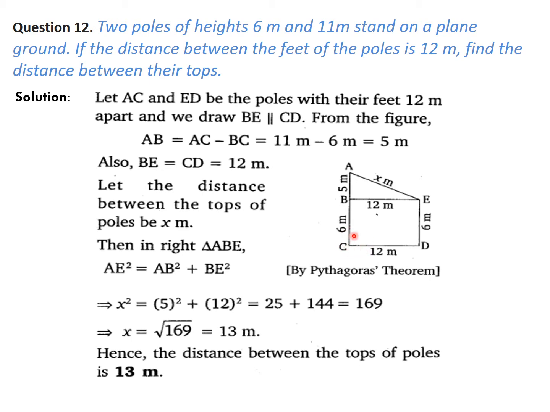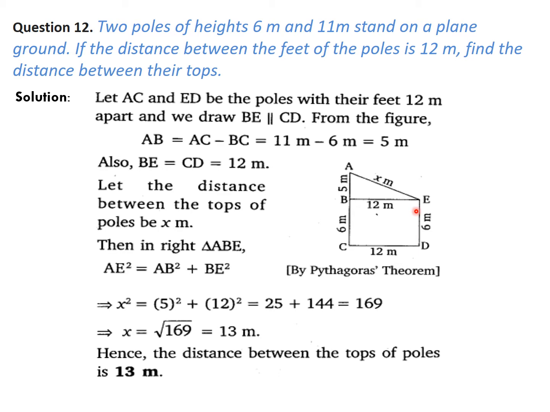We have drawn BE parallel to CD, so these are corresponding angles. If this is 90, then angle B is also 90 degrees. Therefore ABE is a right angle triangle.